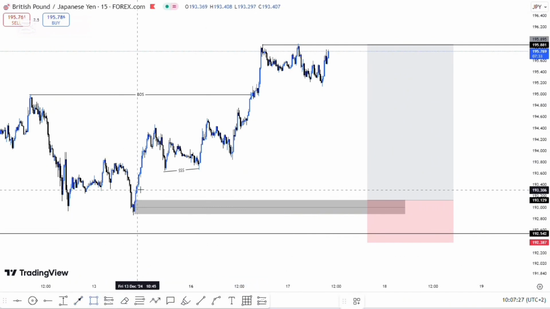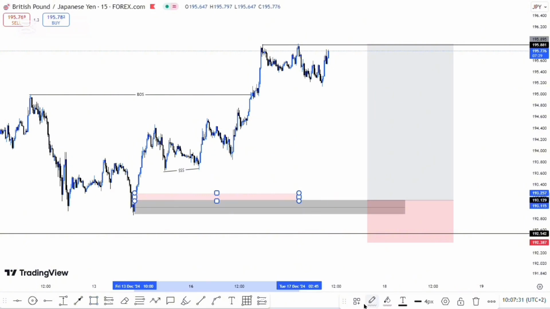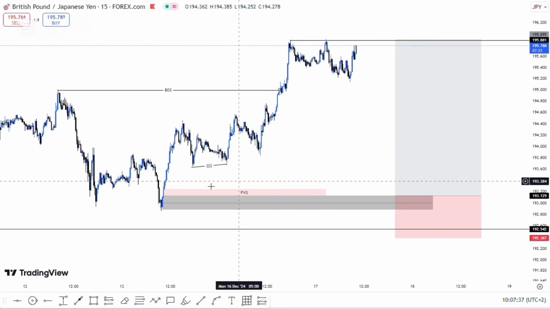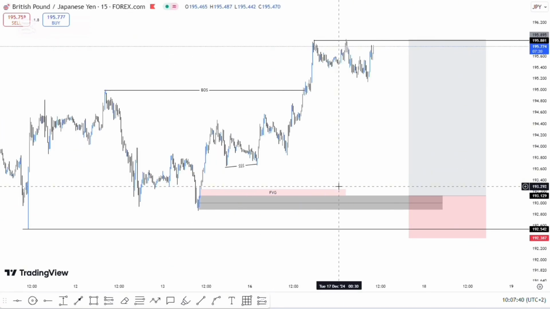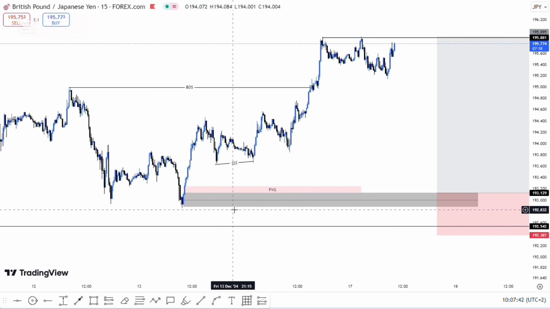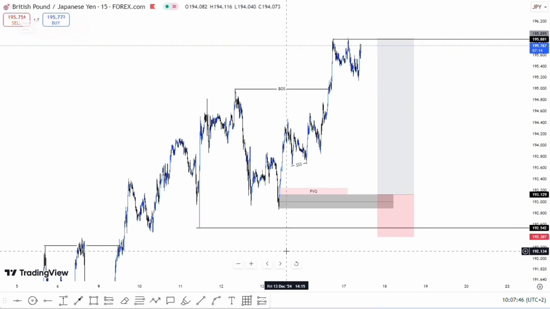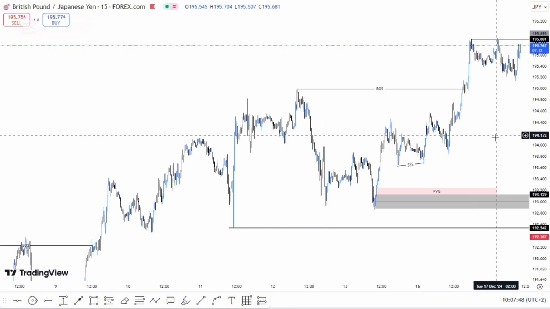Let me mark it. This is my imbalance. So now we have liquidity to sweep, and we also have an imbalance to fill, and an order block price will potentially reverse from.